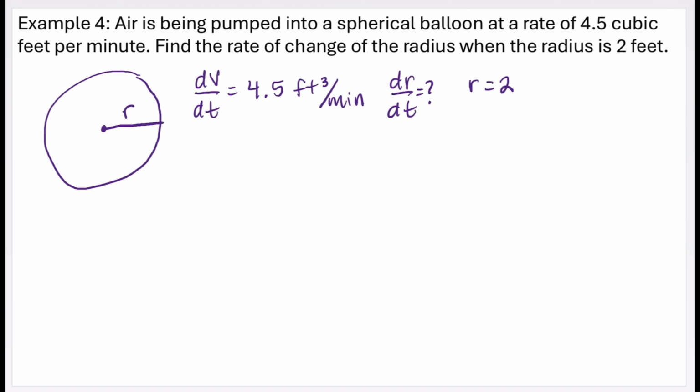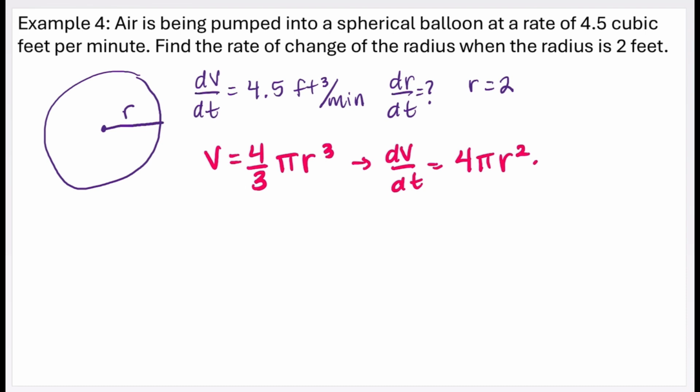So volume equals 4/3 pi r cubed. So I'm going to go ahead and find the derivative of this. So I'll have dV/dt equals 3 times 4/3, which is actually just going to be 4 pi r squared times dr/dt. And now I just have to plug everything in. So dV/dt is what I'm trying to find.